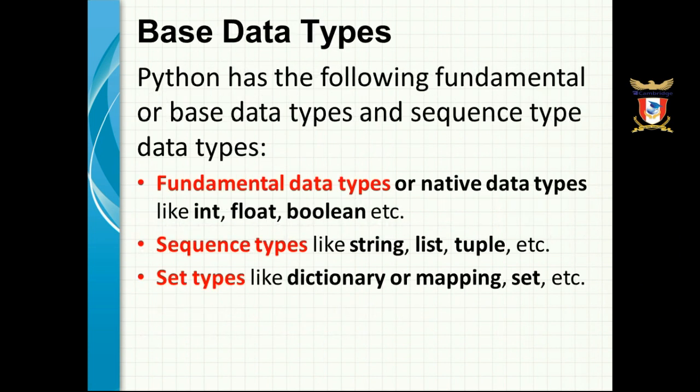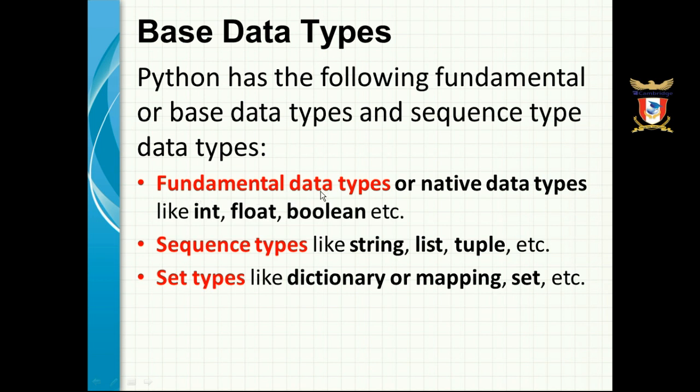Next we'll discuss base data types. Python has the following fundamental or base data types and sequence type data types. We have three base categories of data types: fundamental data types, then sequence types, then set types.